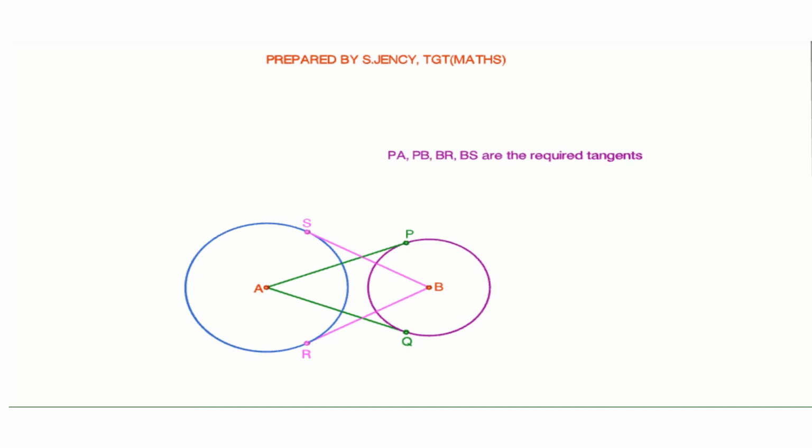Two circles we have to draw. Then construct tangents to each circle from the center of the other circle. Usually we draw tangents from an outside point, but here the external point is the center. From that we are going to draw the tangents. Interesting problem, so we will see now.